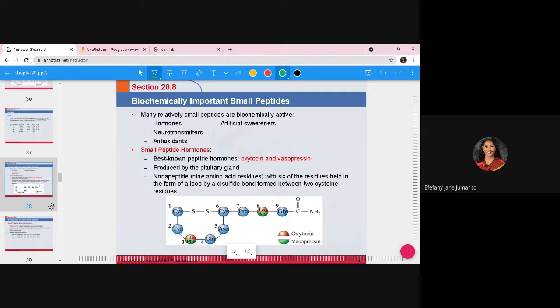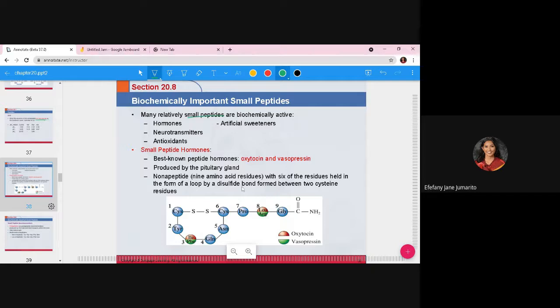A small peptide has how many amino acids? Small peptides are those with less than 10 amino acids.